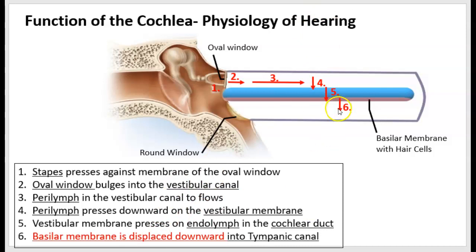Then the endolymph in the cochlear duct moves. That's number 5. And causes the basilar membrane to be displaced downwards into the tympanic canal, and that's 6.